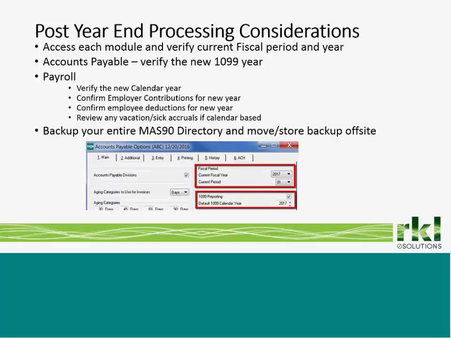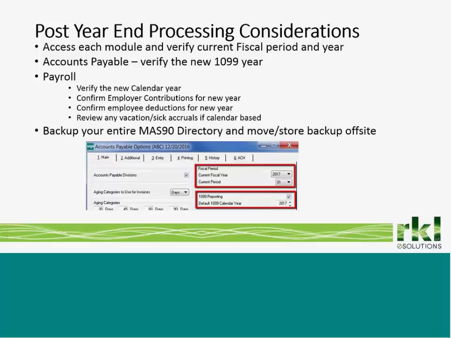For the payroll module, you want to verify, again, that you're in the correct calendar year. Also, you want to take a look at your employer contributions and any employee deductions that may have changed in the new year. Oftentimes at the beginning of a new year, medical benefits, things like that have changed. Just go through your employer and employee benefits, deductions, and contributions, and validate that those are all correct if anything has changed in the new year.